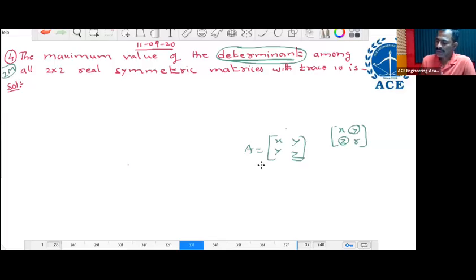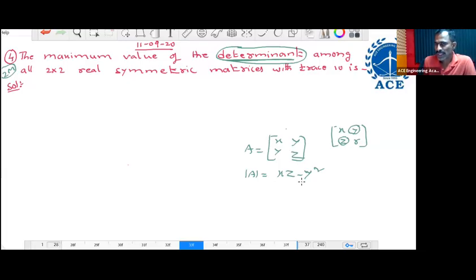Next, determinant. We are asked to find the maximum value of the determinant. Determinant is our function. Maximum value of the function. In place of function, what do you have? Determinant. Let us suppose determinant equal to xz minus y square. We take this as a function of x, y, z, but it is a function of 3 variables.